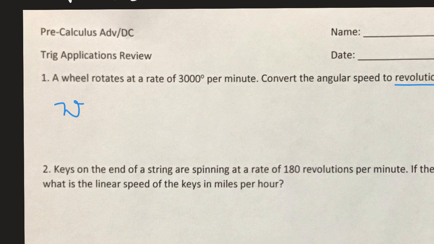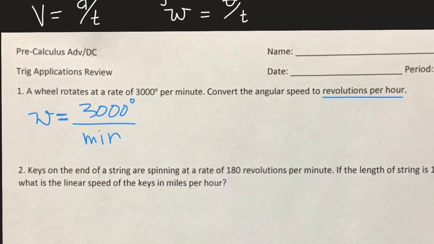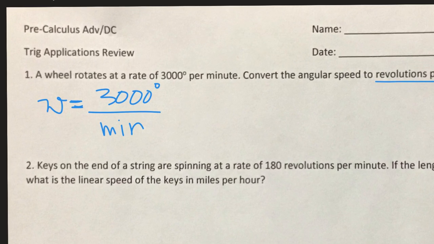We know that omega is 3,000 degrees every minute. Whenever we're doing these conversion problems, we write them as fractions, as per means divided by. So degrees per minute, we have degrees on top and minutes on bottom. And we want to convert to revolutions per hour.